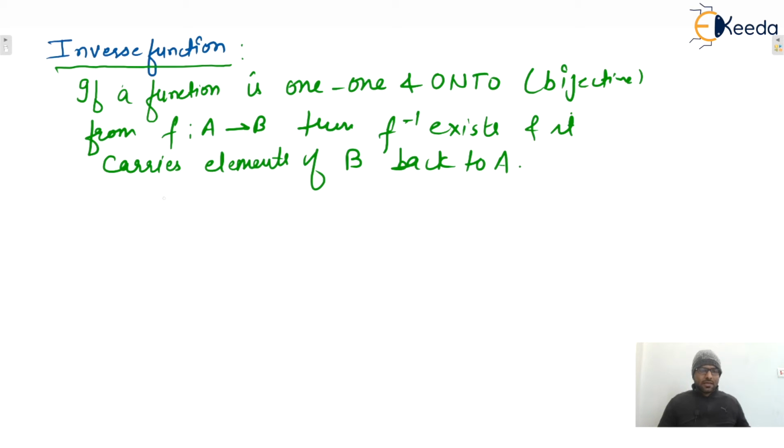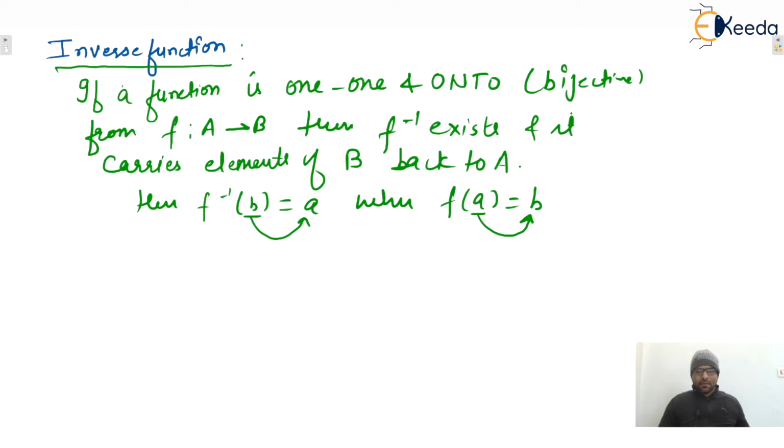Hence f inverse of B is equal to A when f of A equals B. That means if the image of A is B, then the image of B becomes A in the inverse function. So let us take one example for that.